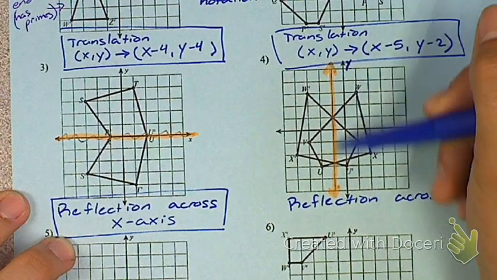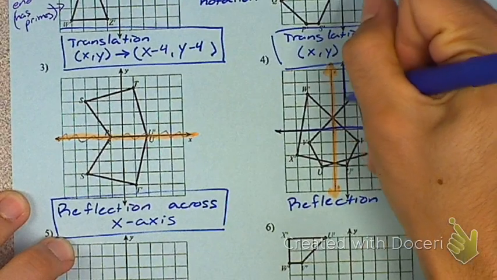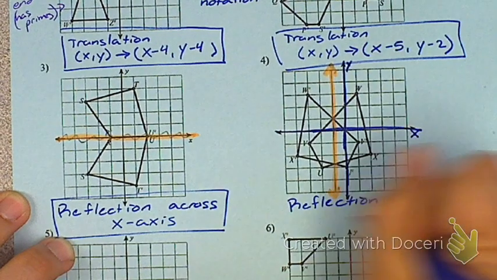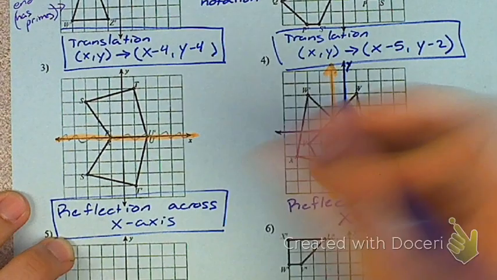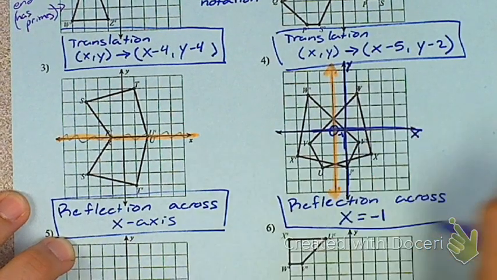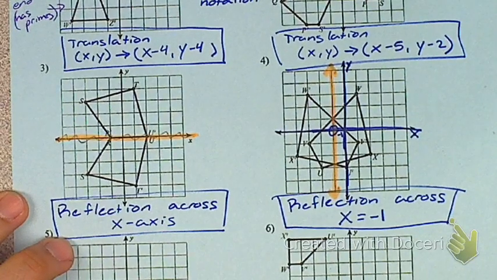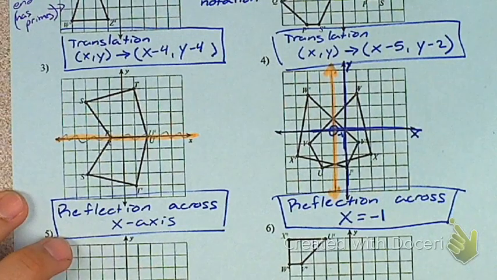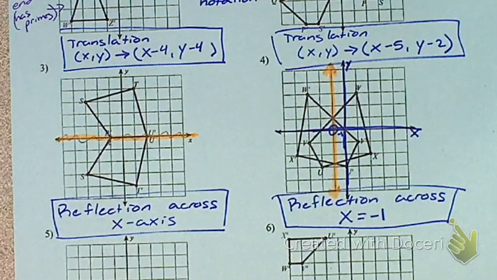Does this line touch my x-axis or my y-axis? It touches the x-axis here. So I'm going to put x equals. At what number does it touch the x-axis? That's going to be -1. Does that make sense? What if you put reflection across x-axis minus 1? No. That's because that's two different things. Okay? Good try though.